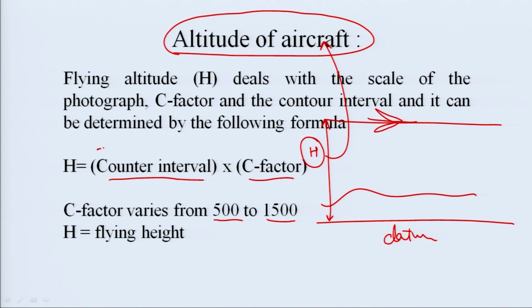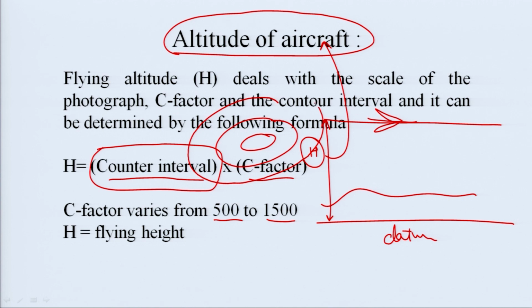What is contour interval? What is a contour? A contour is a line joining points of the same elevation in this way, and the distance between two different contours is known as the contour interval.